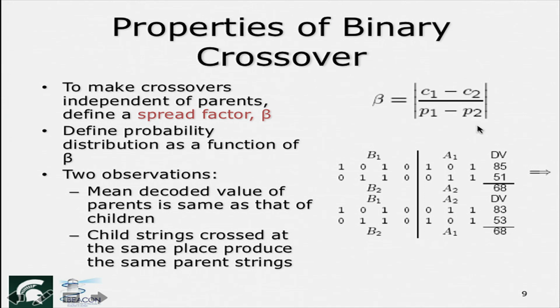So if I tell you that I've got a crossover, I can represent a crossover event with just some specific value of beta. Let's say beta equal to 0. What does it mean? With these two properties and this definition, if beta equal to 0, where are the children?